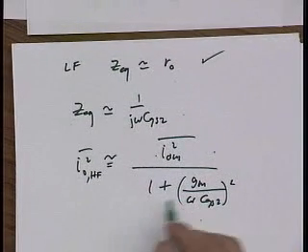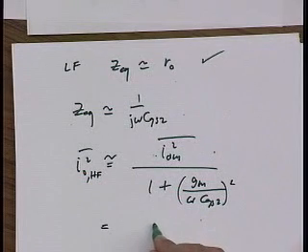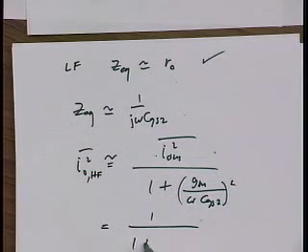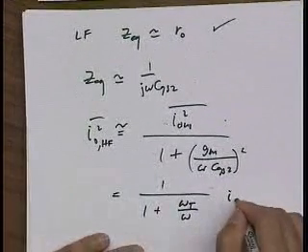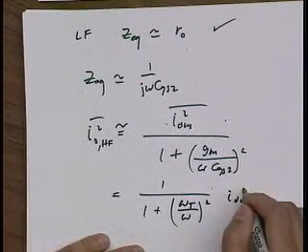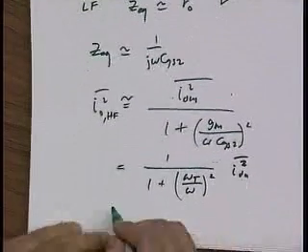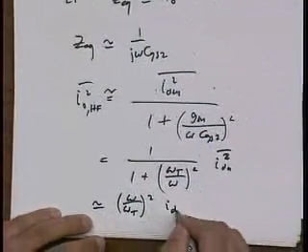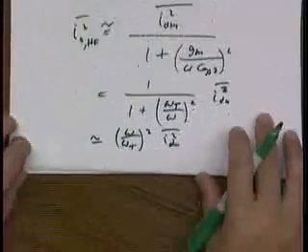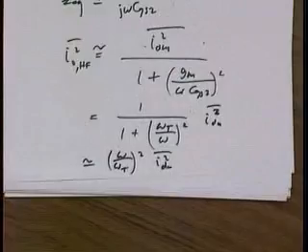And if, of course, we now identify the denominator as omega t over omega, squared, this is approximately omega over omega t squared times I drain noise of 2. Okay? And there you have it.